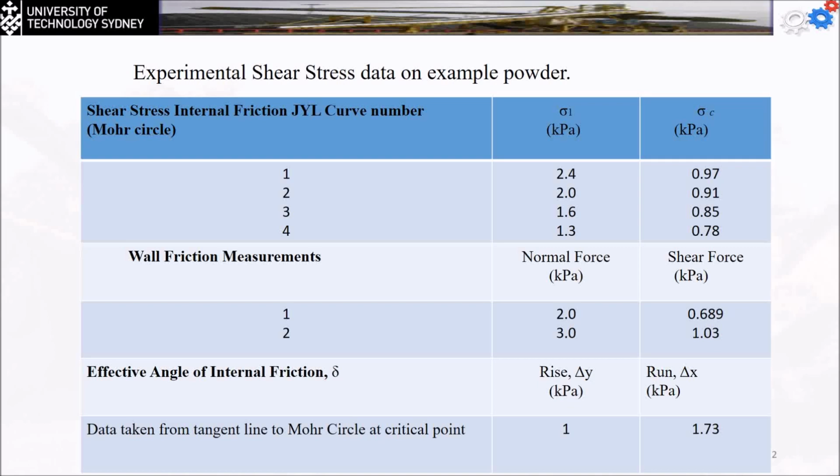For the effective angle of internal friction delta, the curve I got had a rise delta y in kilopascal equal to 1, while delta x was 1.73.